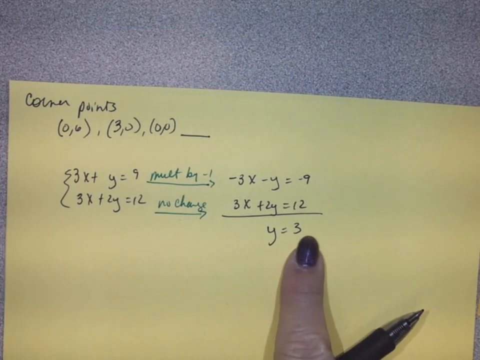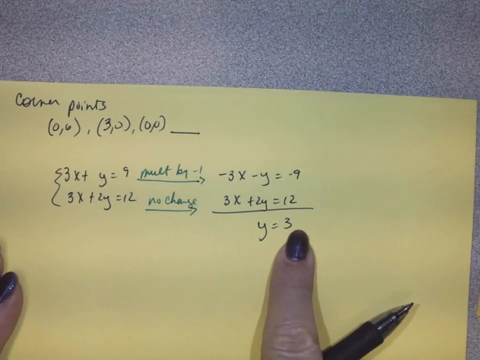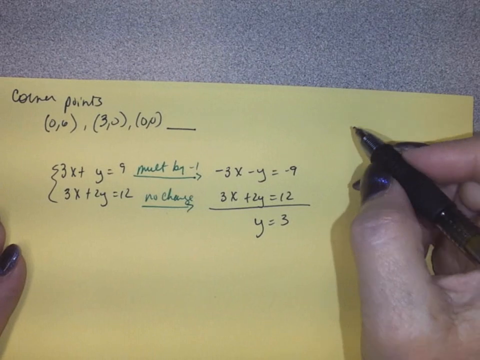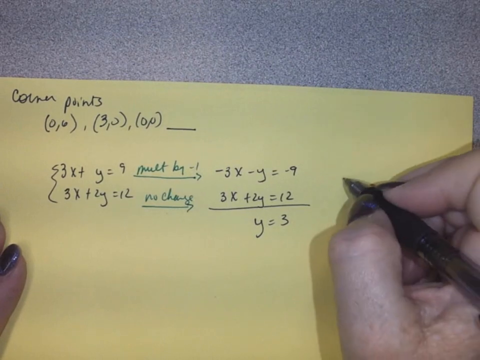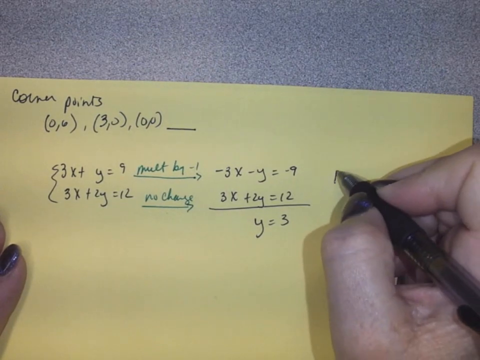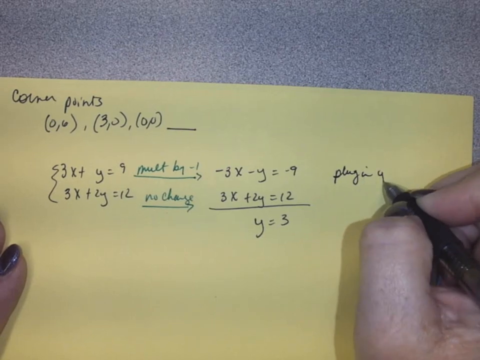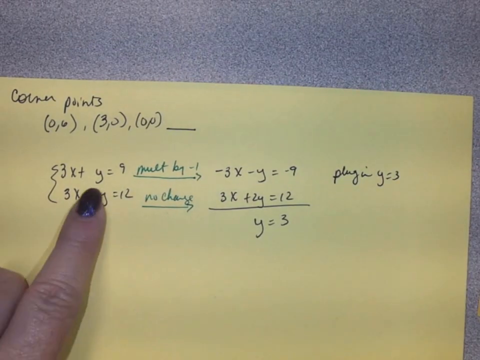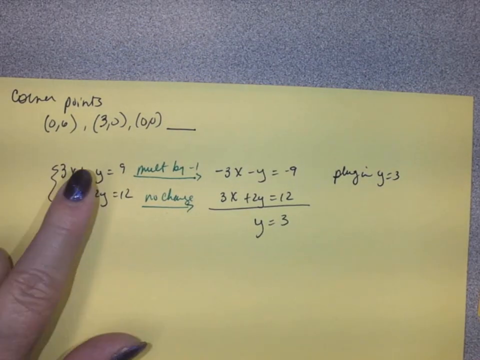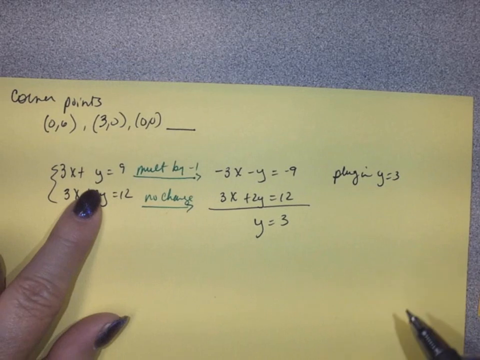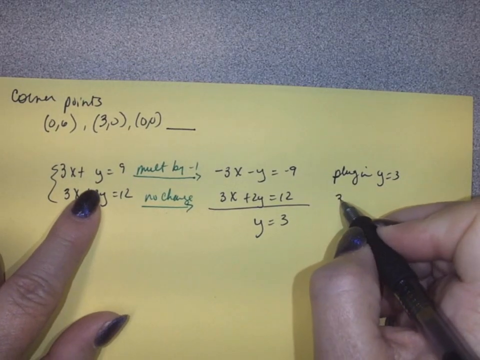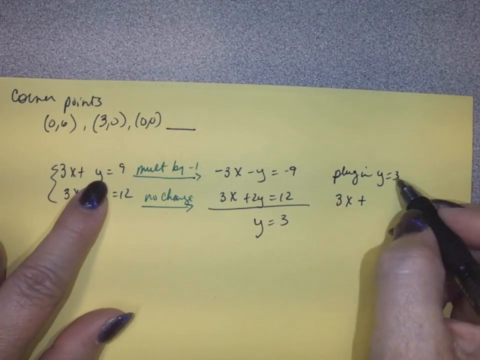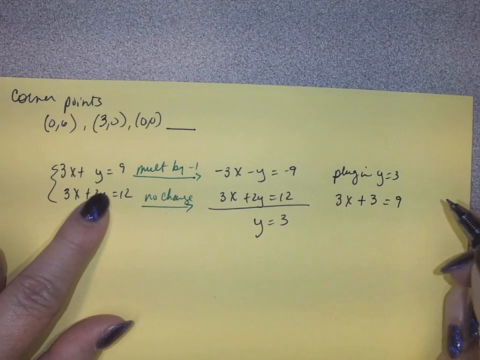All right, so I have the y value. Now, just like we did in systems of equations before, I will plug in y equal to 3. And does it matter which equation? It doesn't. This one's probably the easier one than the second one, but you could use either one, it doesn't matter. So this will get us 3x plus y, with y equal to 3, equals 9.